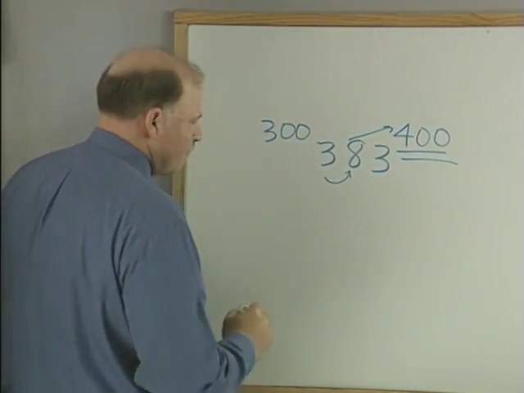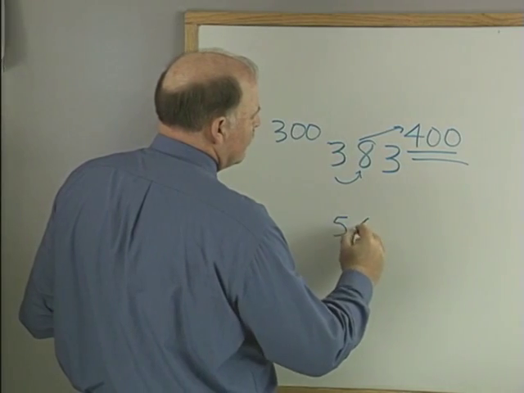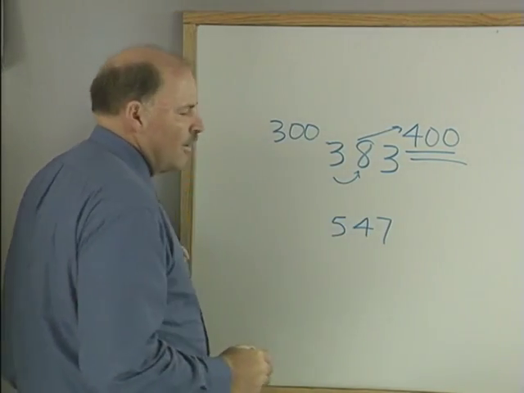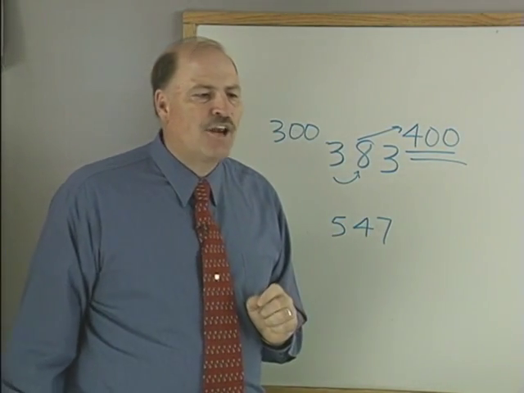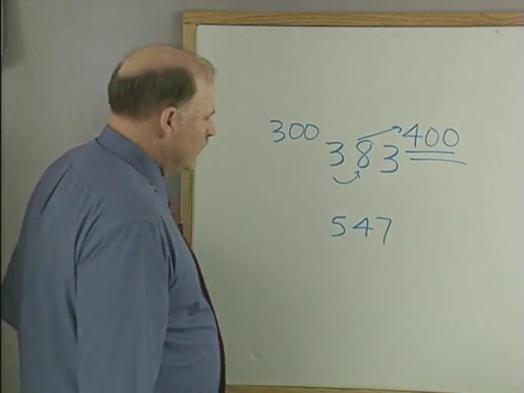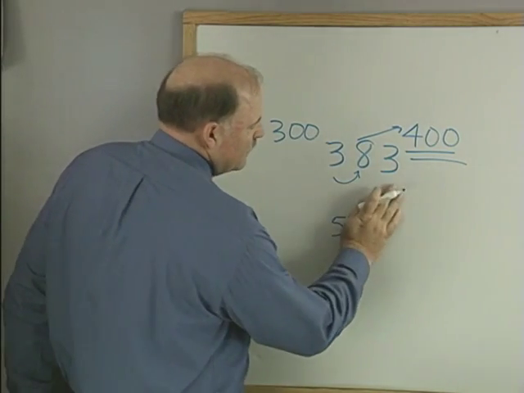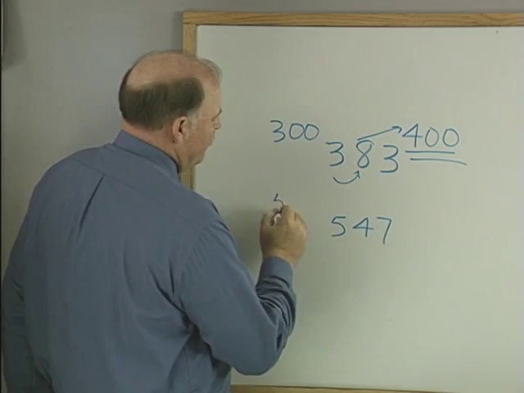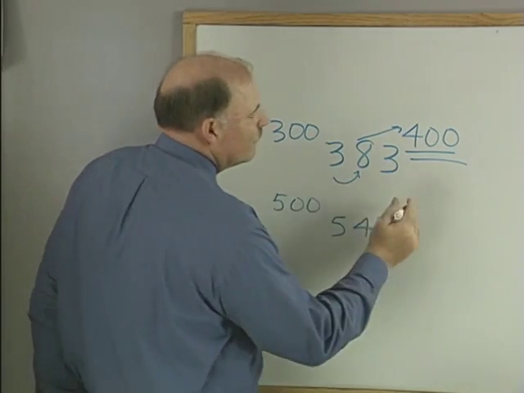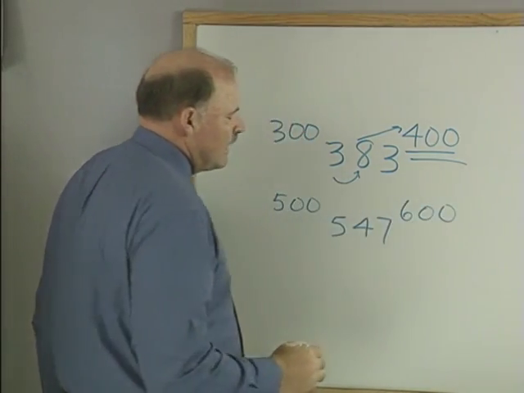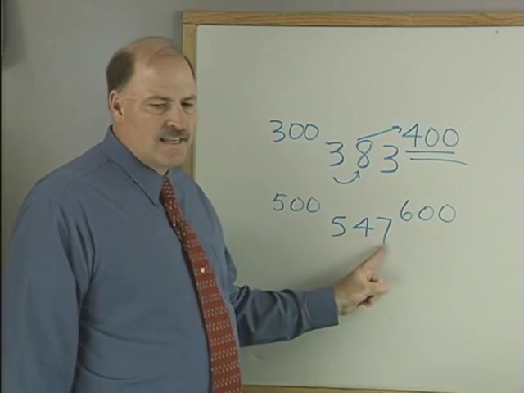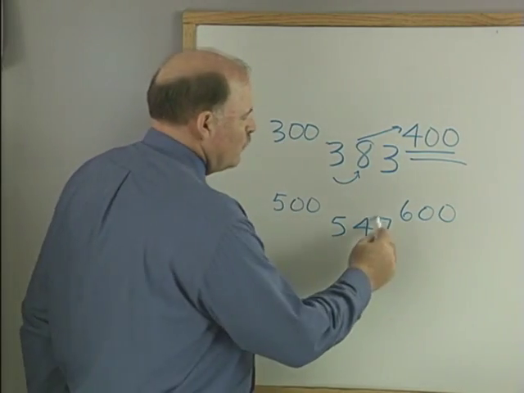Let's try another one. 547, rounded to the nearest hundred. Okay, so what's the closest hundred here? 500. What's one more? Very good, 600. Now, am I going to look at the 7? No. So don't even worry about that.